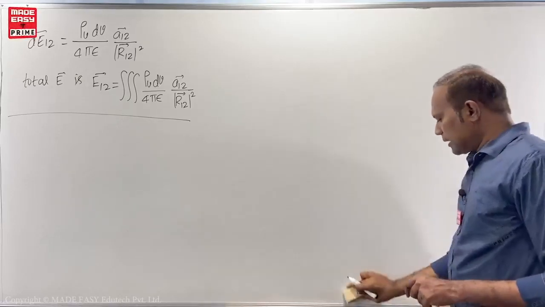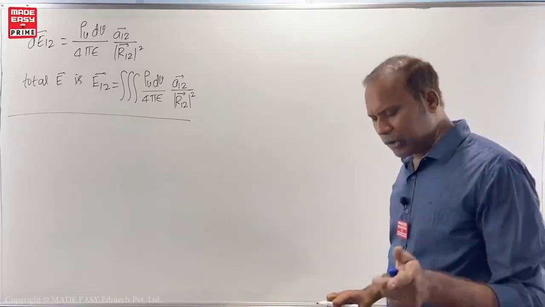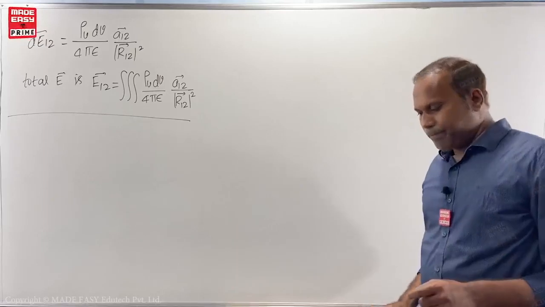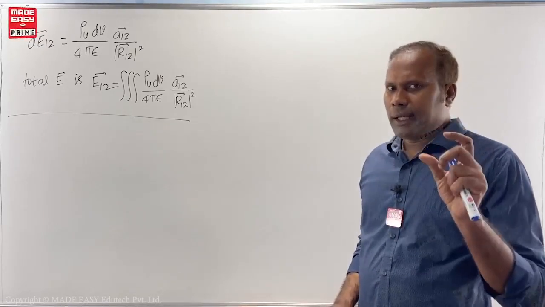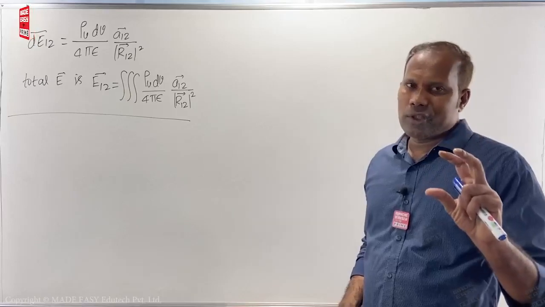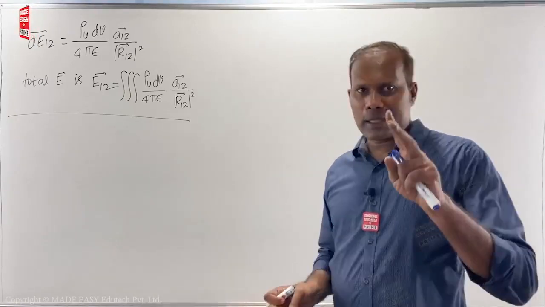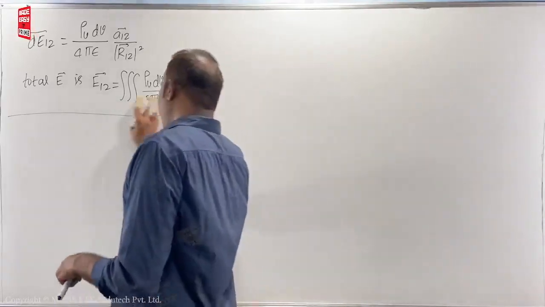In examinations, every time you get only infinitely long line questions, but we will solve finite long line questions also. Similarly, in examinations, you every time get infinite area surface only, but we will solve questions of finite area surface as well as infinite area surface. Both we will solve. Okay.